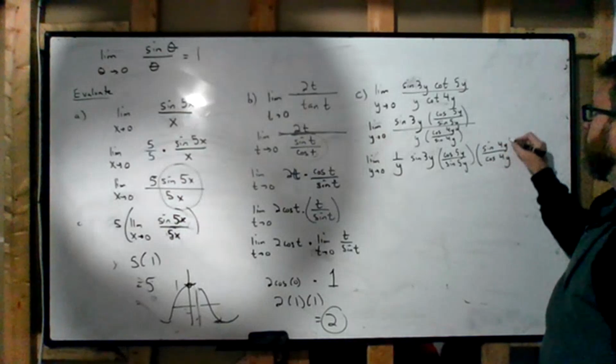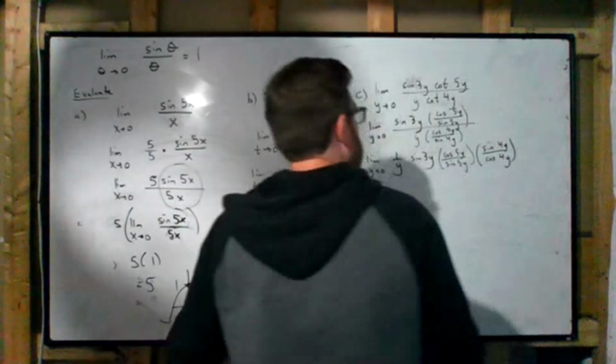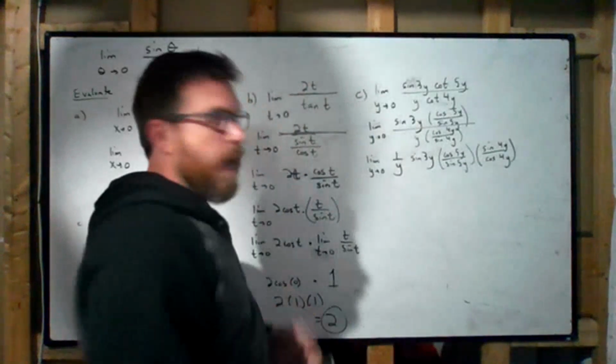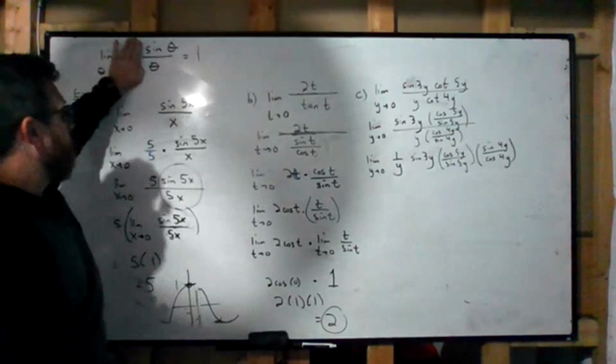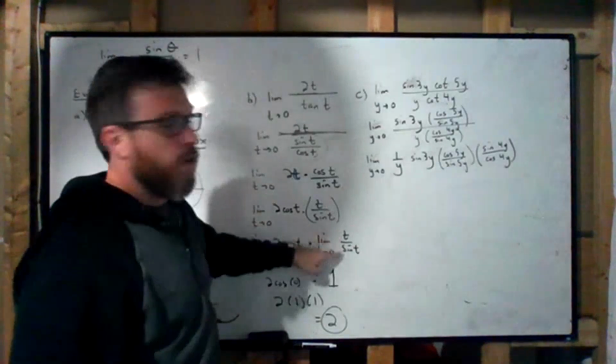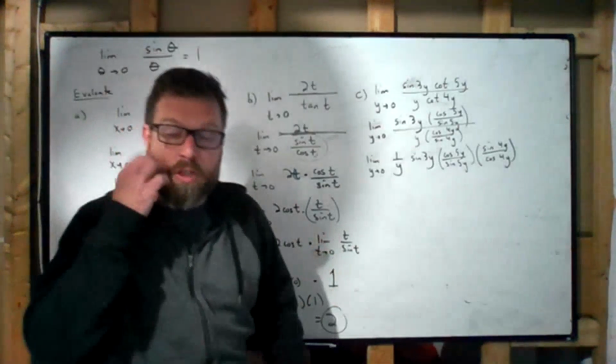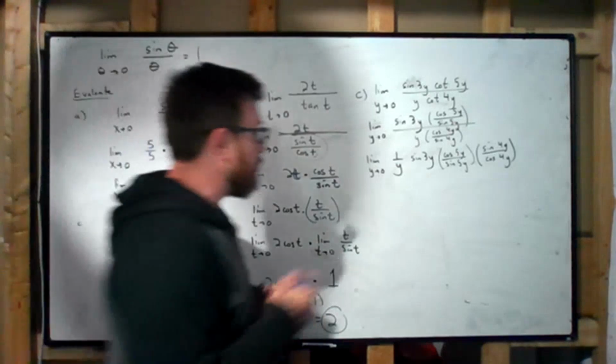Okay. So what I'm looking for is sine of theta over theta, or theta over the sine of theta. That or its reciprocal, just as long as theta is the same. So I'm going to look at my sines.